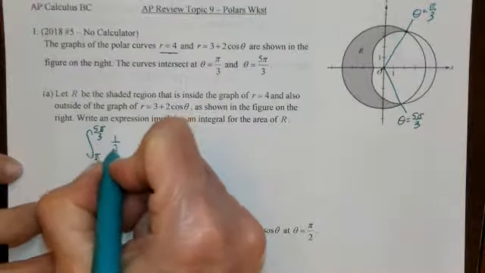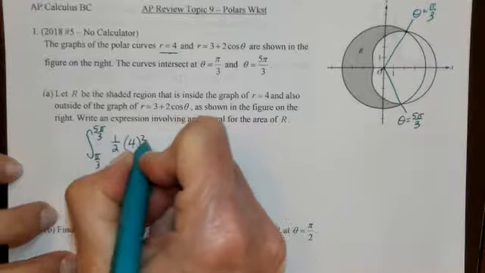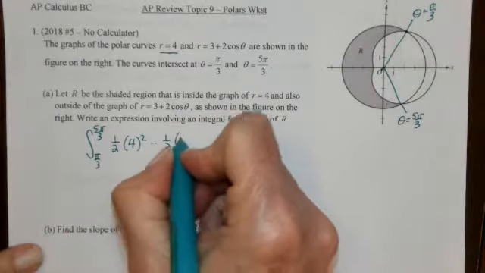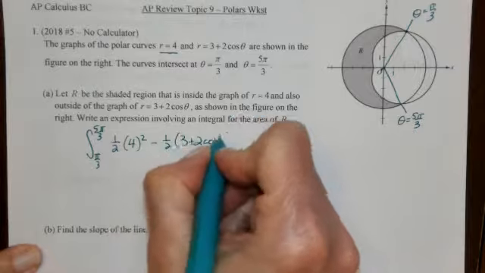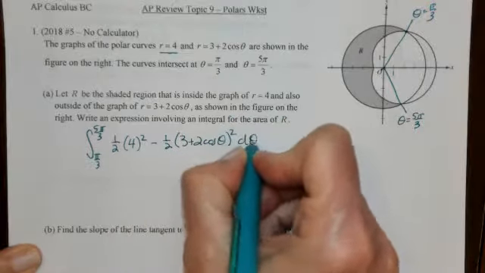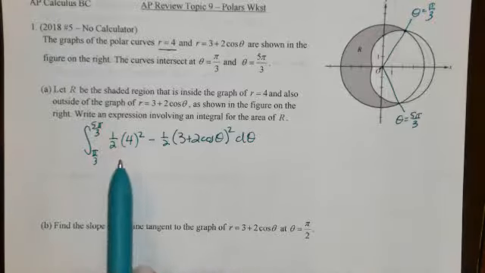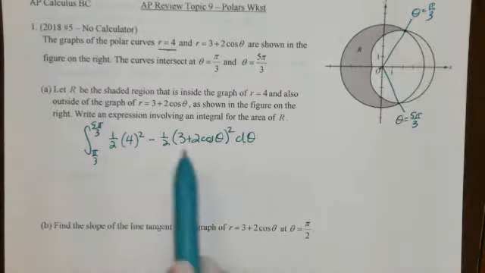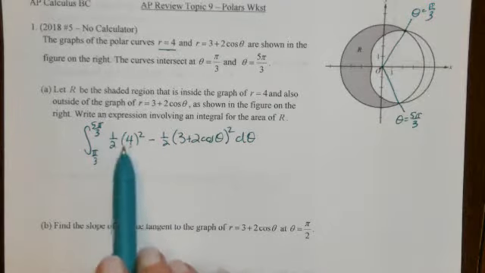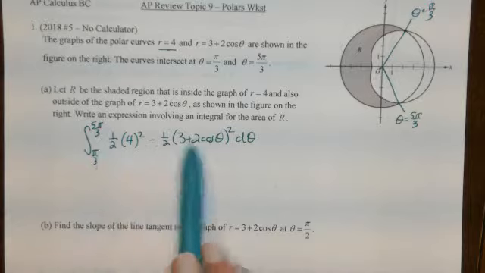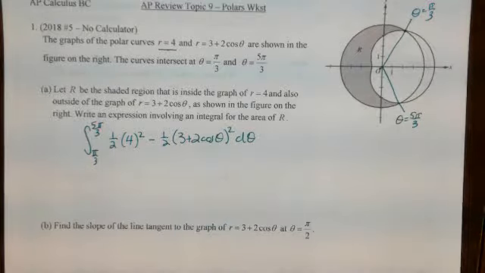So 1/2 of that 4 squared minus 1/2 of the other r squared d theta. And that will give me that shaded area. We could write this in two different integrals too. Just the integral of 1/2 times 4 squared d theta minus the integral, same boundaries, of 1/2 of this r squared d theta. That would also give it to us.